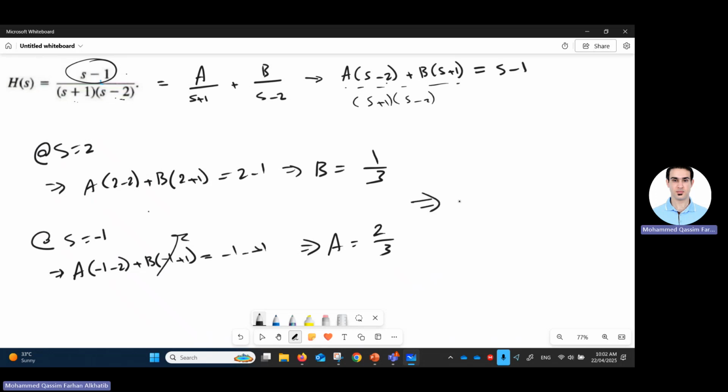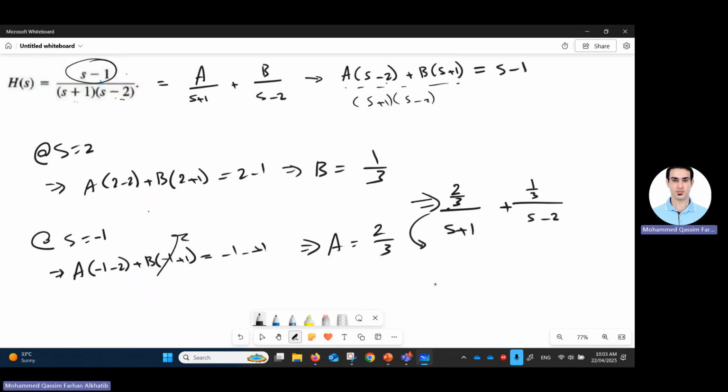So in this case, I will have A over S plus 1, so let me put the value of A exactly. A is 2 over 3 over S plus 1 plus B, 1 over 3 over S minus 2.